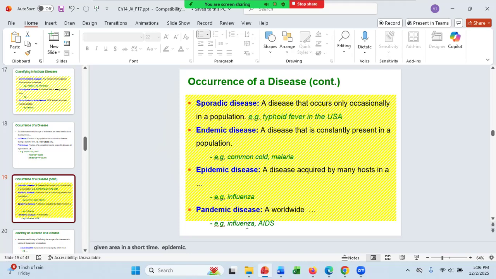I think they were eating chicken blood or something like that. And I don't think it ever got into chickens, but for some reason, it got into the Haitian population very early on. And then it spread very rapidly in the United States. Any questions about pandemic, endemic, epidemic, sporadic diseases?